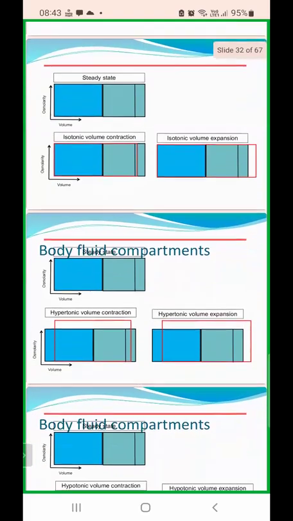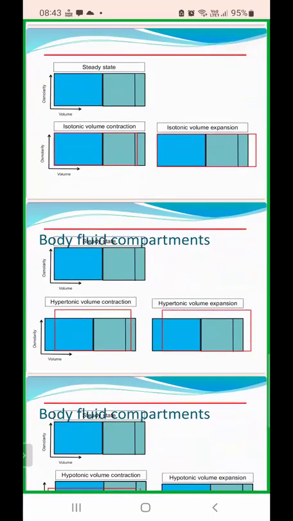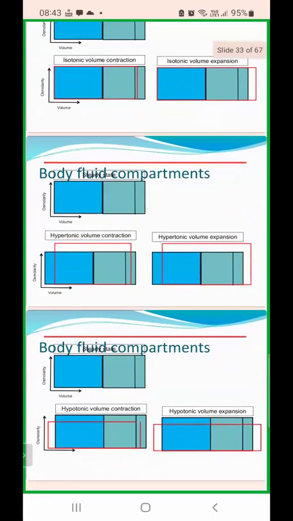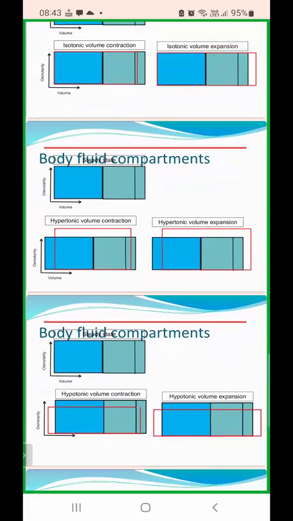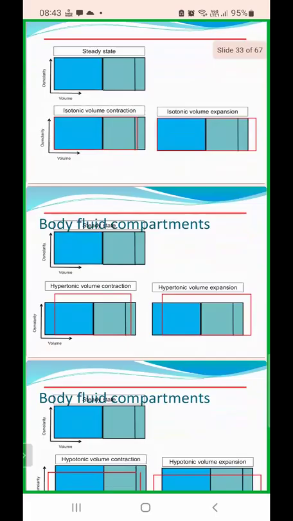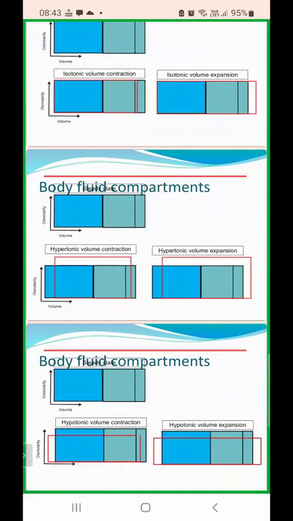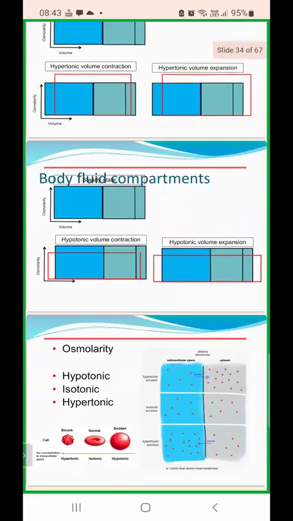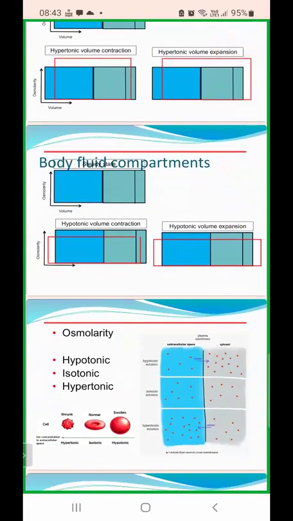So body fluid compartments, osmolality versus volume: this is the steady state, and this is what we call isotonic volume contraction and isotonic volume expansion. Then this is hypertonic volume contraction and hypertonic volume expansion, and then hypotonic volume contraction and hypotonic volume expansion.